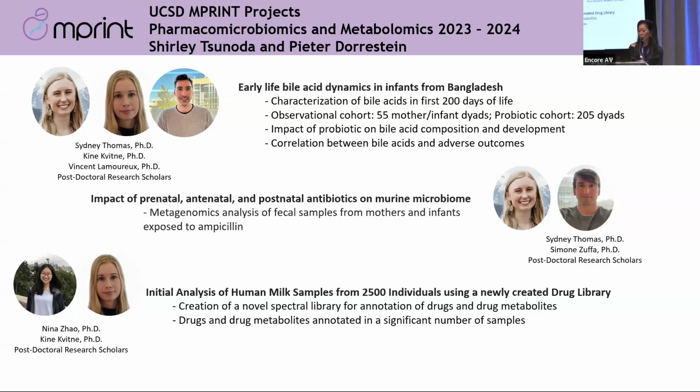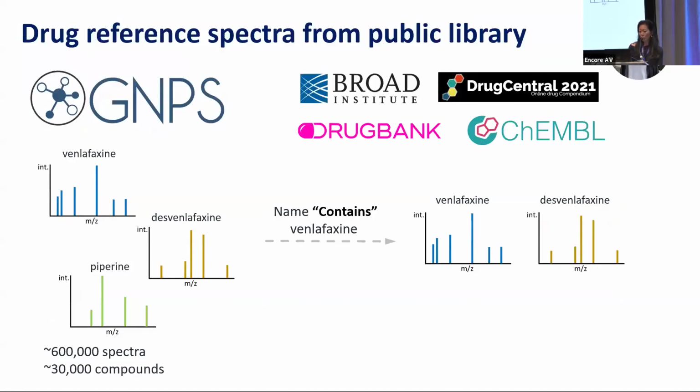And so I do have a little bit more information about that. Nina collated data from multiple sources to try to increase the number of spectra and increase our ability to annotate the number of drugs and drug metabolites in any of our samples.